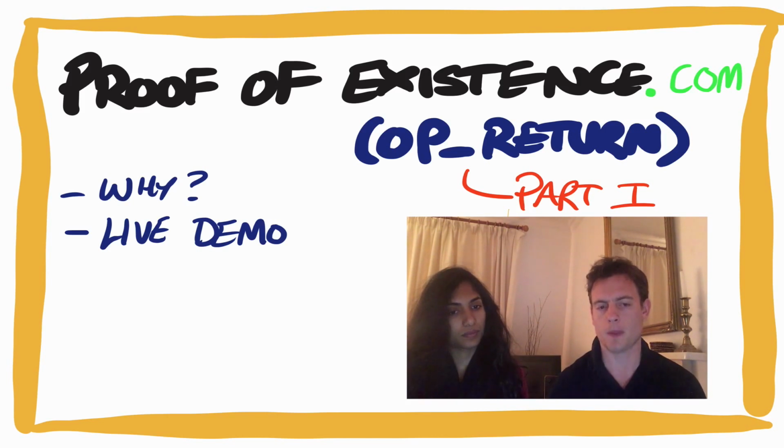How do we prove that it existed in that particular form at a certain instance in time, right? And this has all sorts of potential uses. One, I guess you could think about, let's say, you could verify that a particular document had been created prior to a certain date, and you could even admit that evidence in court potentially, right?